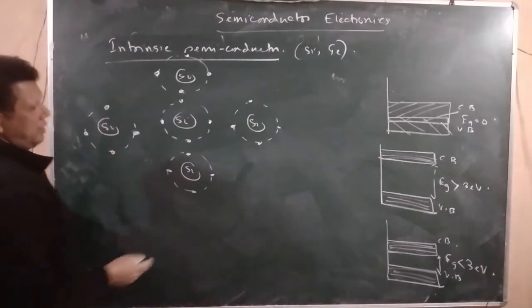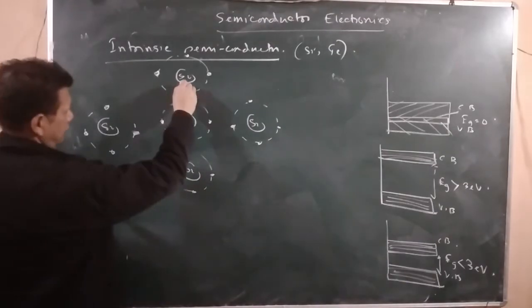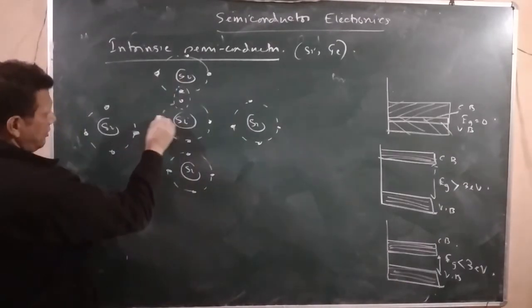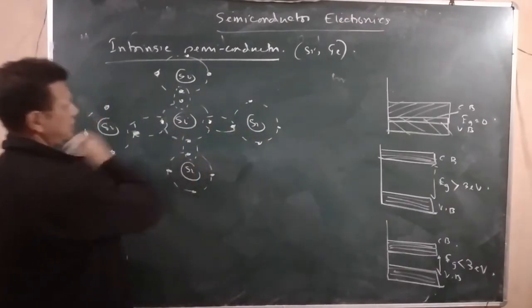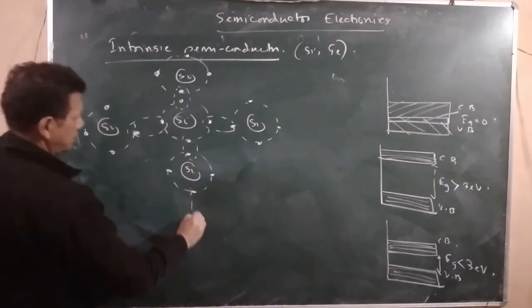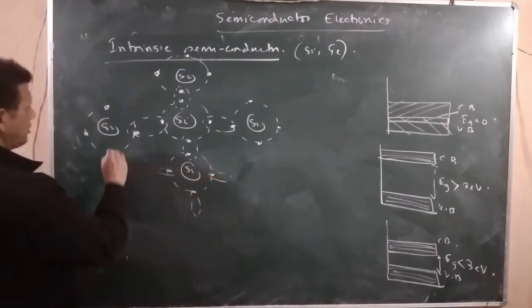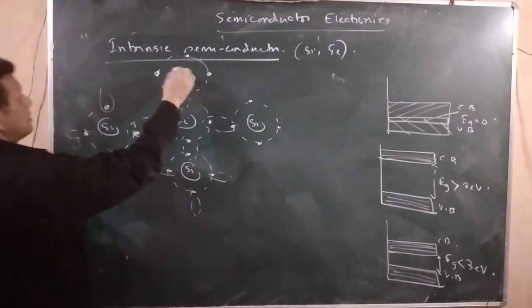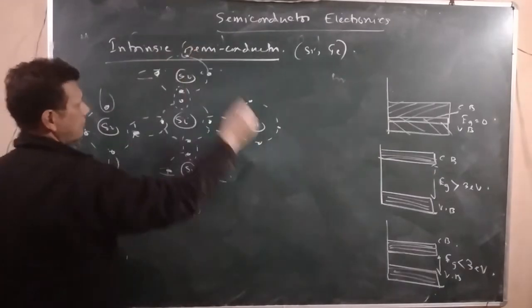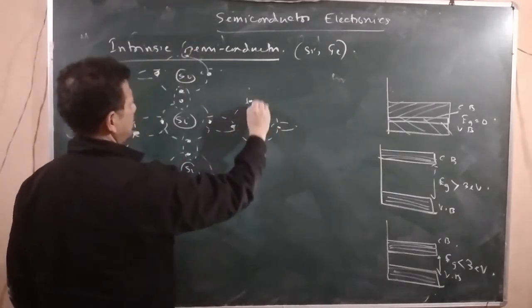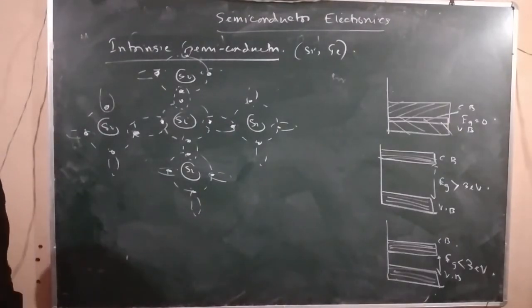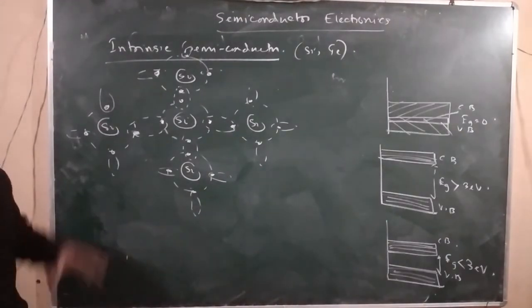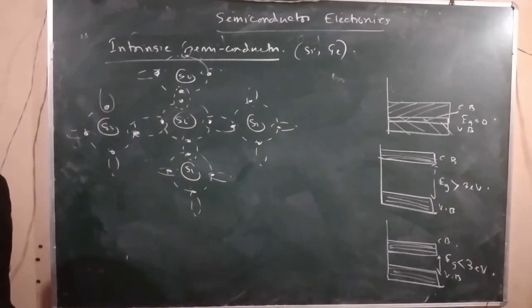So according to the octet rule, to gain stability, they share the valence electrons of neighboring atoms, which is known as a covalent bond. So all these electrons are now forming covalent bonds. So this is the atomic structure of an intrinsic semiconductor which has been formed naturally in our universe.